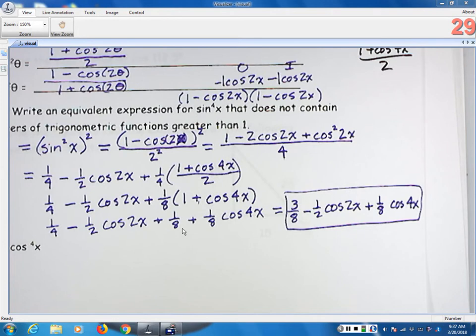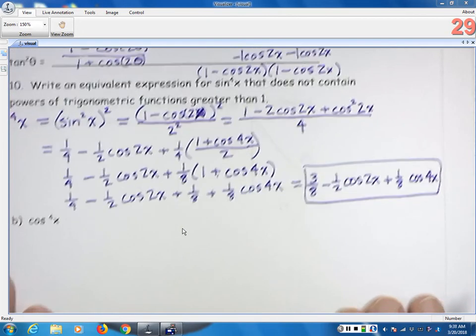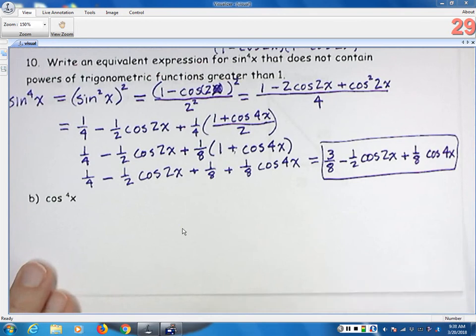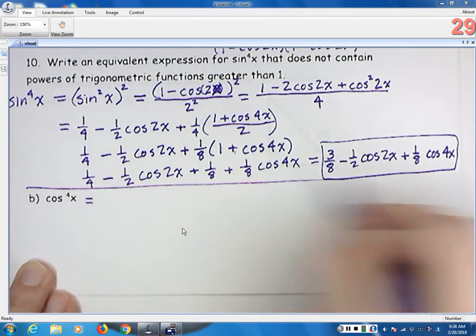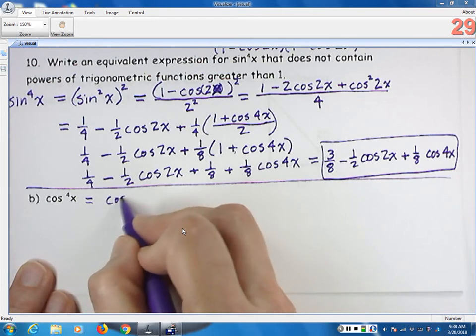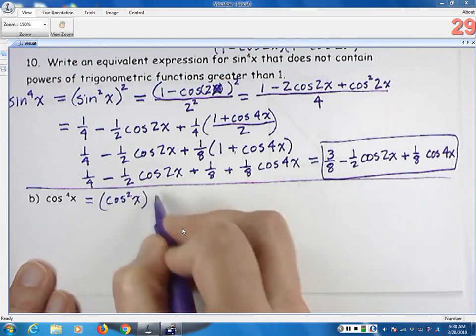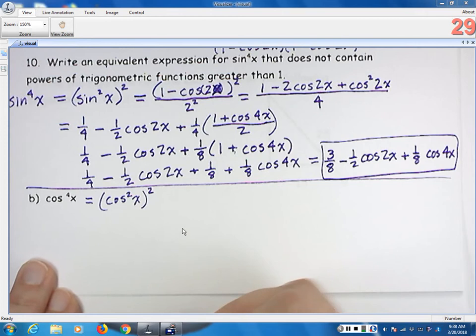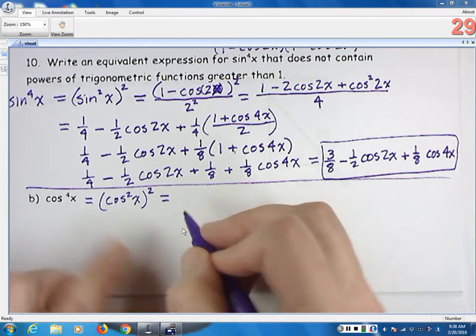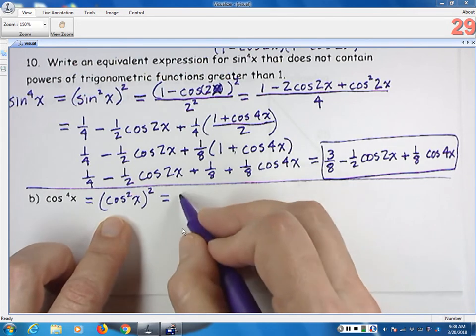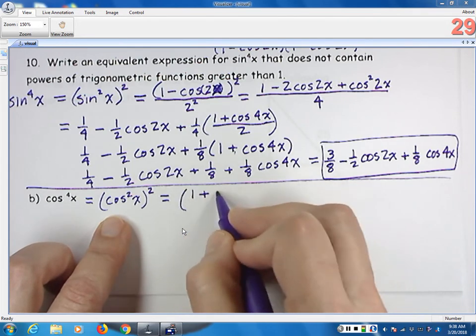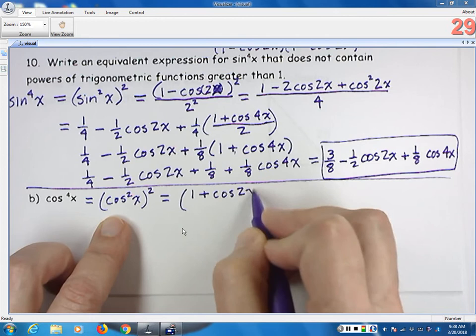So the other one works the same way. For the other example, again, rewrite this as cosine squared x, squared, and that equals, we're going to replace cosine squared x with 1 plus cosine 2x over 2.